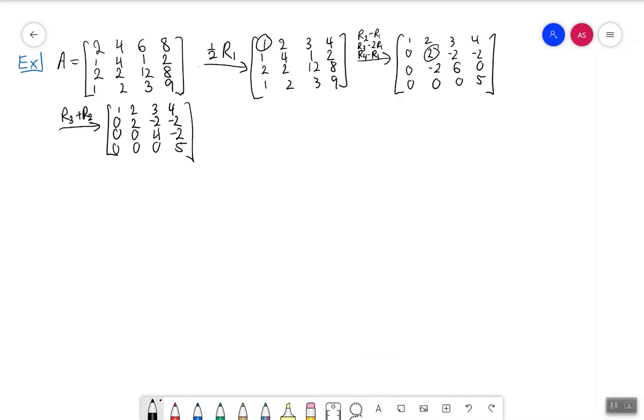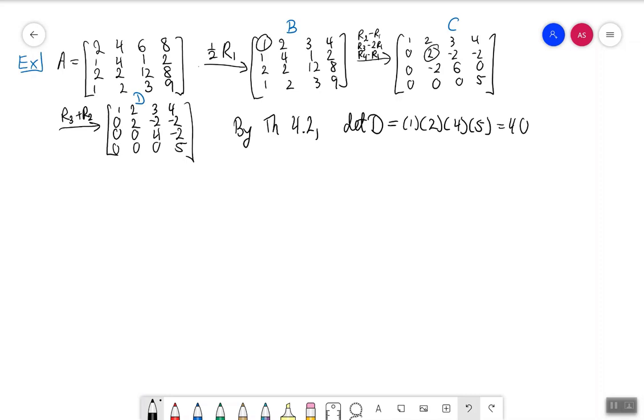Now, for the purposes of explanation, I'm going to name these matrices. I'm going to call this one B, this one's going to be C, this one's D. Then, by theorem 4.2, the determinant of D is equal to 1 times 2 times 4 times 5, which is 40.